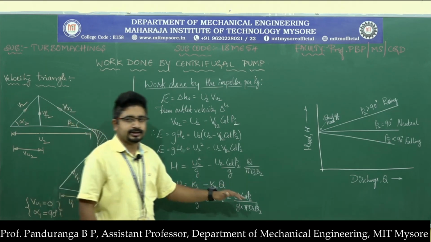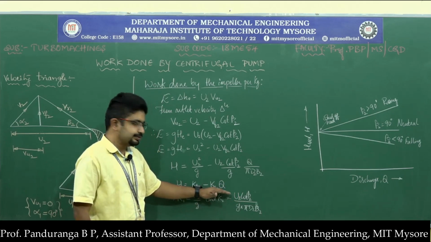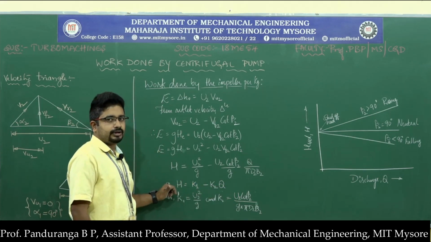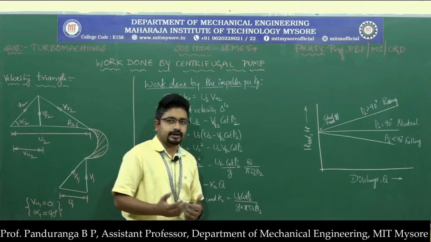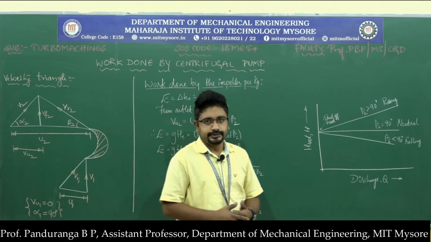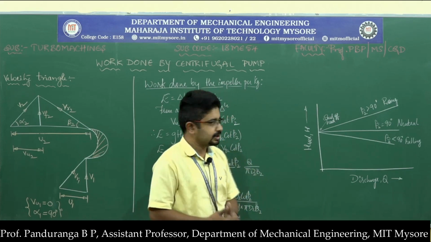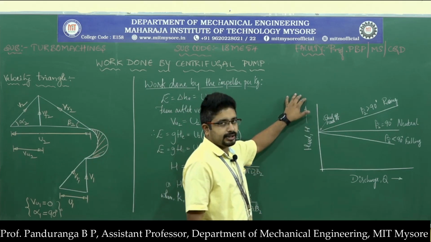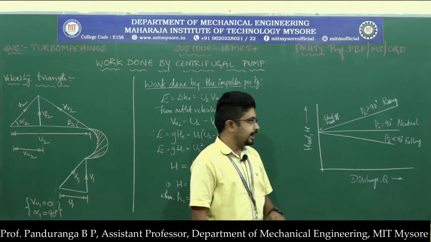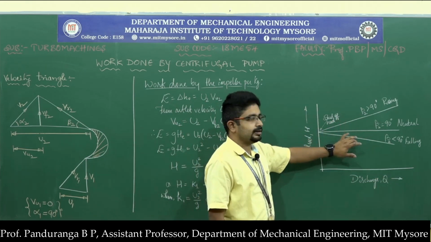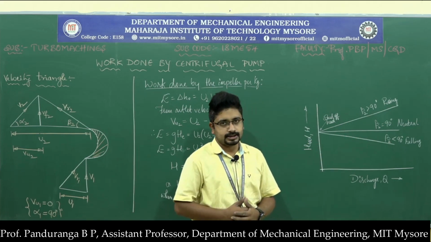Now let us plot the variation of Q with respect to H for different values of beta 2. If you take a different shape of the impeller, then what happens to the discharge? Here on the y axis I have the head developed and on the x axis I have the discharge, and I have drawn curves for three different cases.